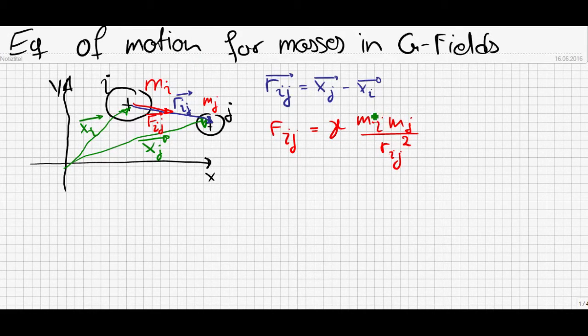The mi, mj, of course, are each just the masses of those planets, and it would be weird if that wasn't proportional. Then the dividing by rij squared, so the distance between those two squared, that has to do with the gravitational field spreading out over a greater space.